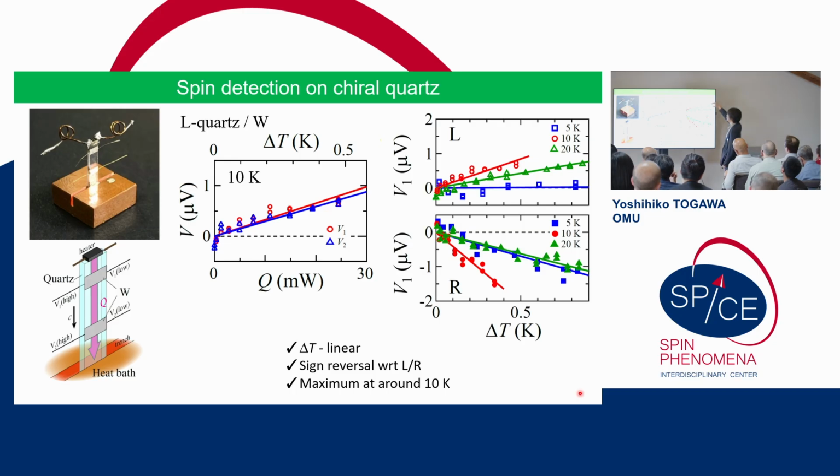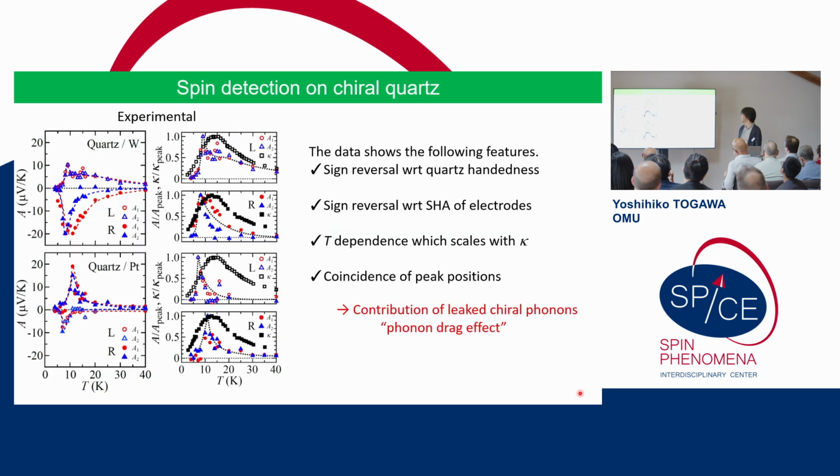The data also shows some temperature dependence. In the next panel, let me plot the slope intensity as a function of temperature. In the upper panel, we show left-handed and right-handed quartz with a detection electrode of tungsten. It shows a peak structure around 10 Kelvin.